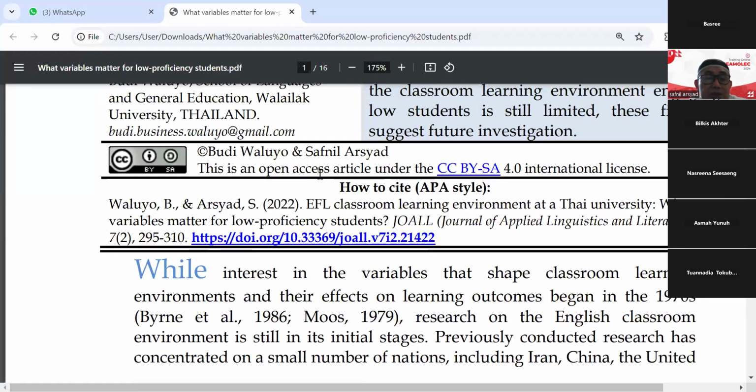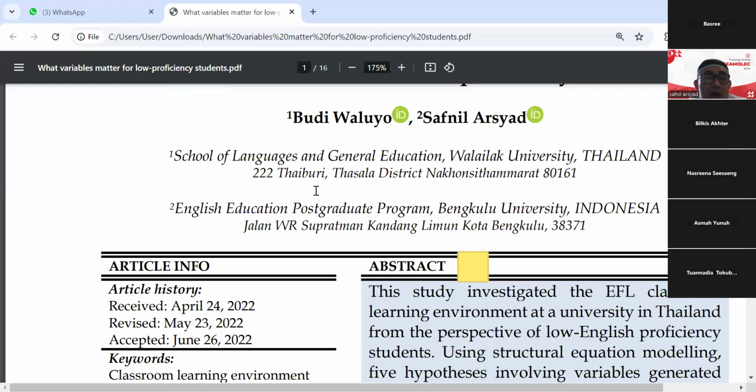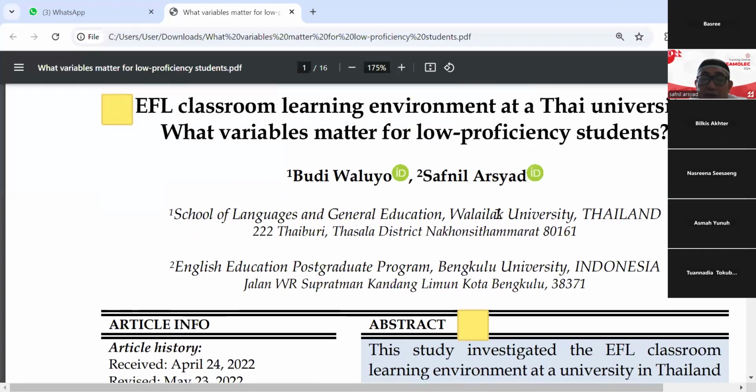So Budi Waluyo is a lecturer at Walailak University in Thailand. Is that the right way to pronounce it? That's correct, Walailak. Budi Waluyo was my student before, when he was doing his undergraduate program.